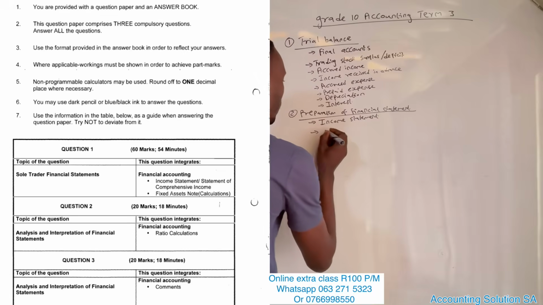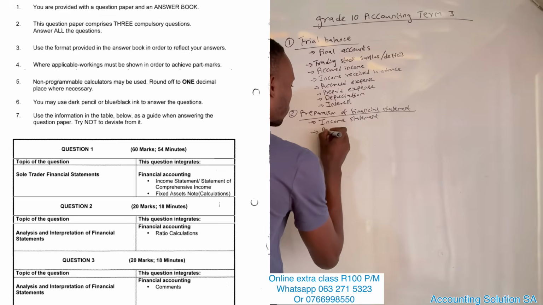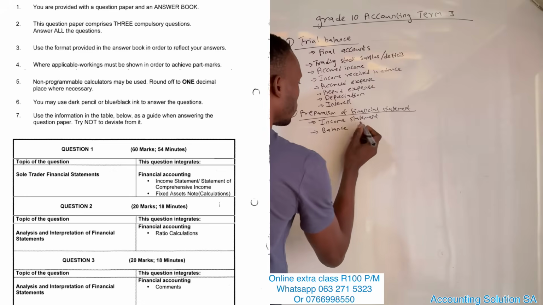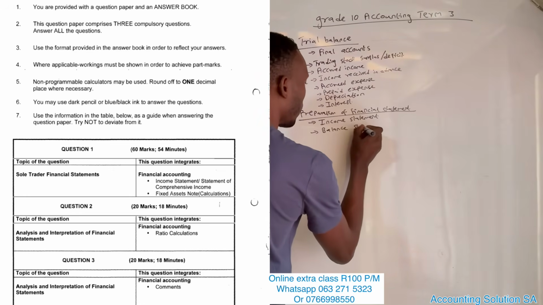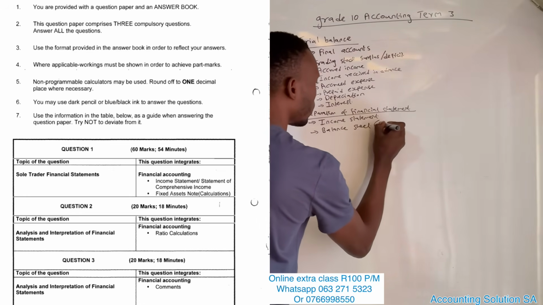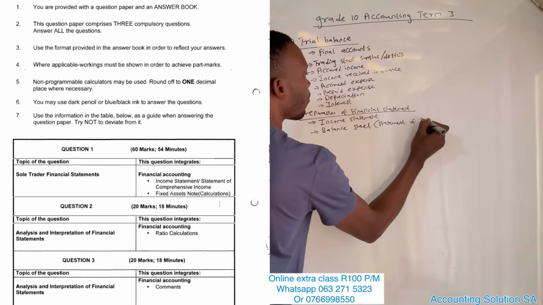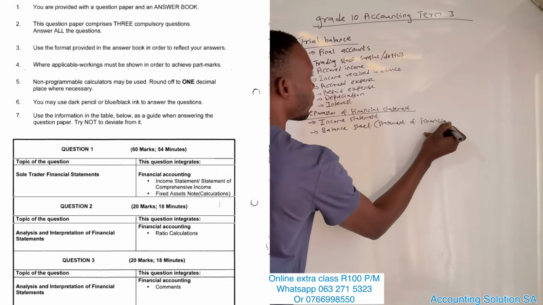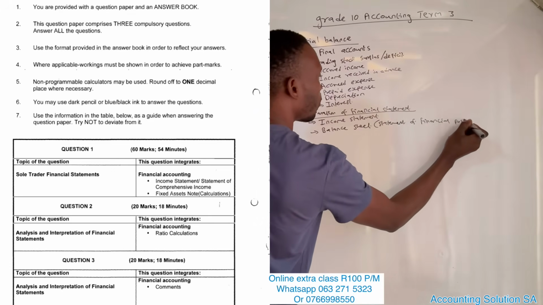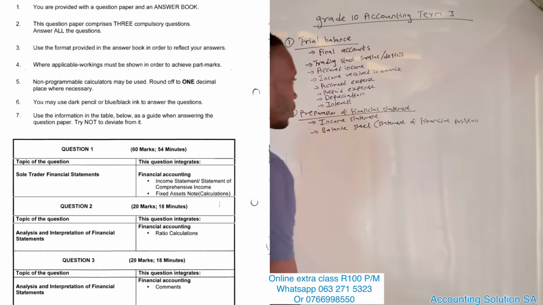Okay, and the other one, you must be able to prepare a balance sheet, or you call it a statement of financial position. Okay, you must be able to do that.